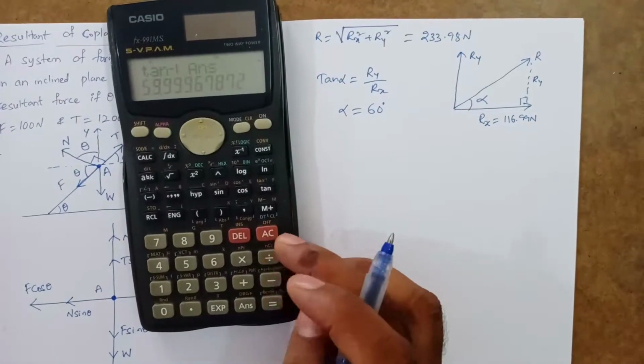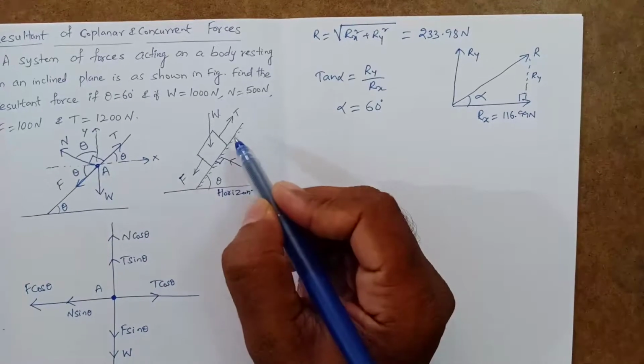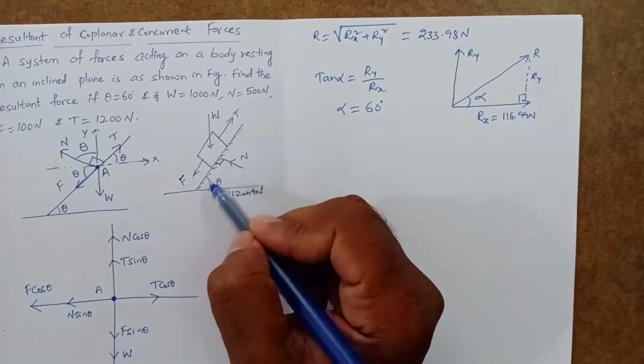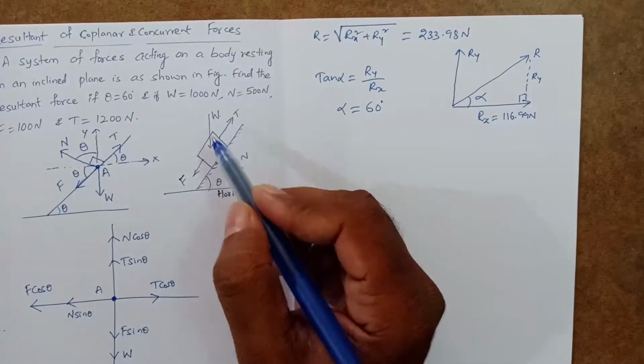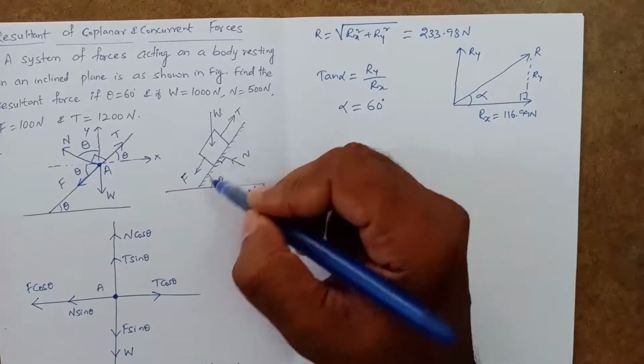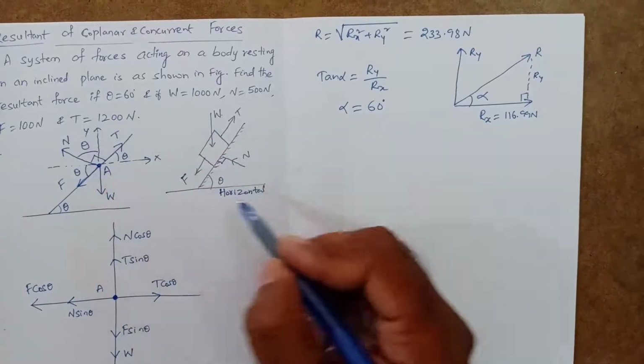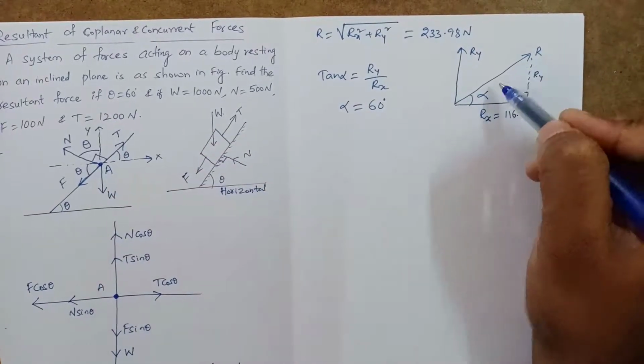If you observe here, the inclined plane is making an angle theta, that is theta is equal to 60 degree. We got alpha 60, theta also 60, that implies this resultant force R is acting along the inclined plane.